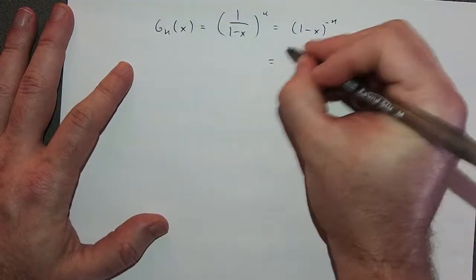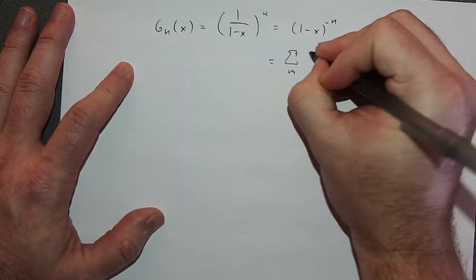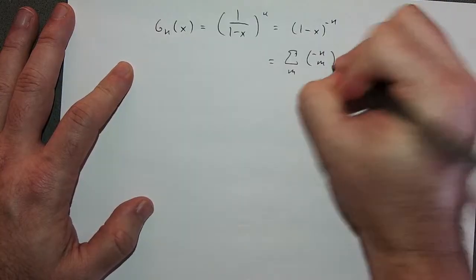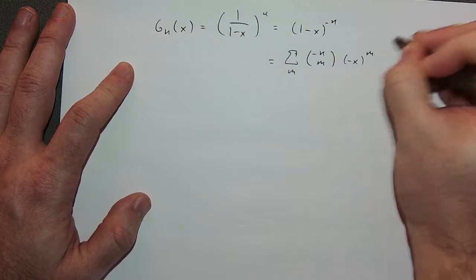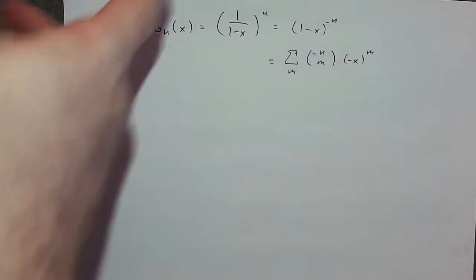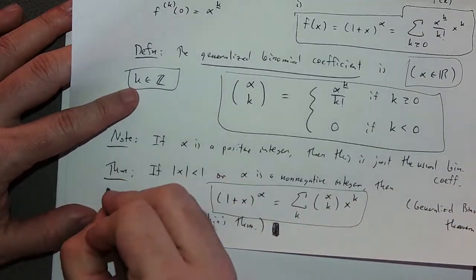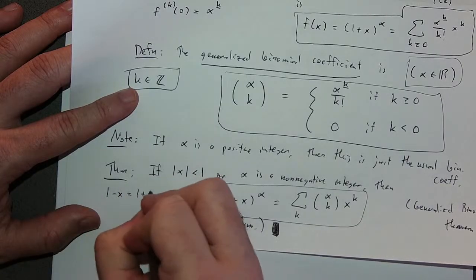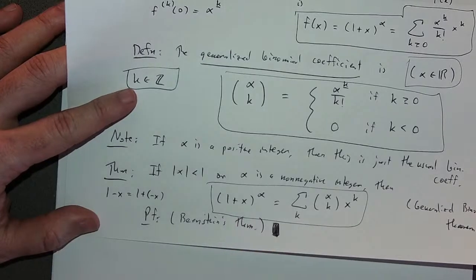Using this generalized binomial theorem, remember, here it is. I get that this is equal to the sum over m of minus n choose m, times minus x to the m. It's because this is minus x, right? The statement of the binomial theorem has it as 1 plus x, so this 1 minus x would be rewritten as 1 plus minus x to make this work in the general binomial theorem.